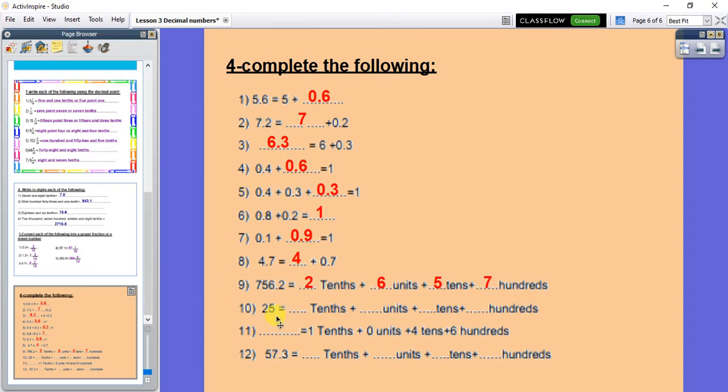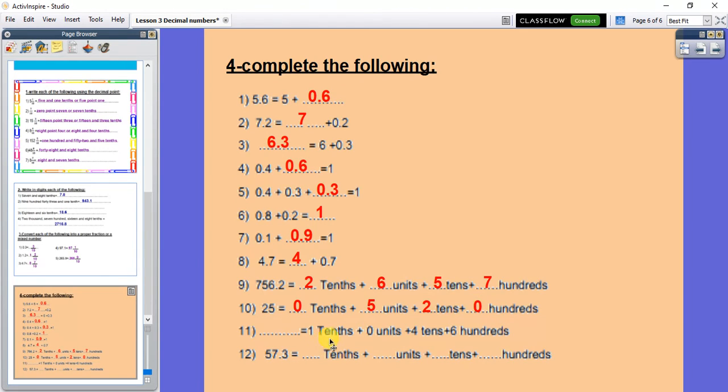Here I have 25. Do I have anything in the tenths? No, then I will put 0. Do I have anything in the units? Yes, it will be 5. Do I have anything in the tens? It will be 1. Do I have any number in the hundreds? No, so I will put 0.